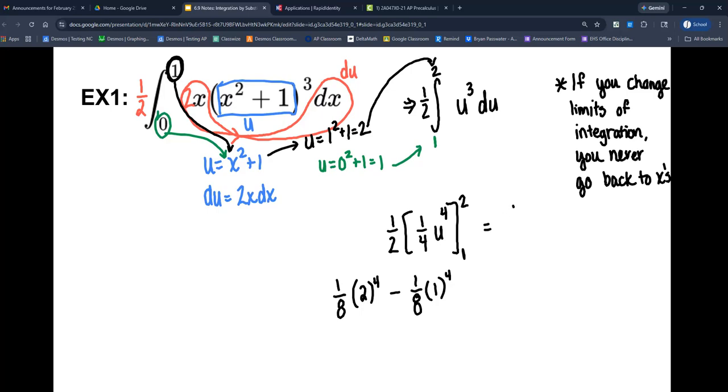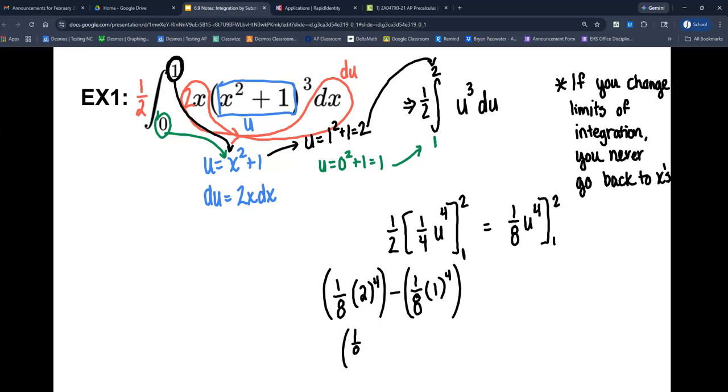It might be helpful if I write that. All right, so we're just plugging in 2 and then subtracting what we get when we plug in 1. And if it's FRQ, you could stop there. You're done, but let's simplify it because it might not be on an FRQ.